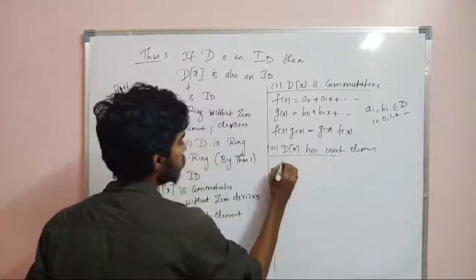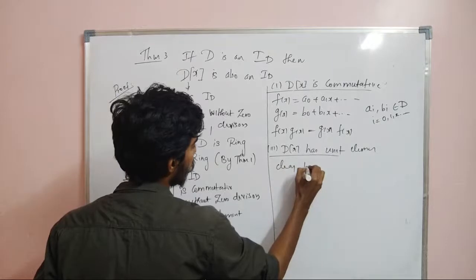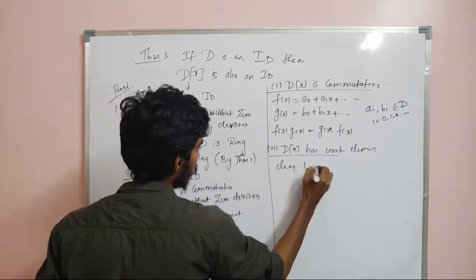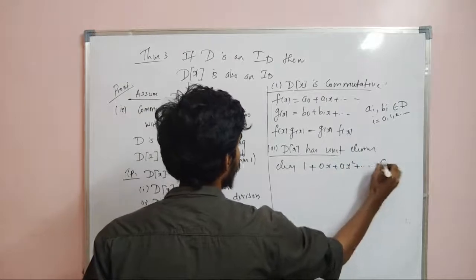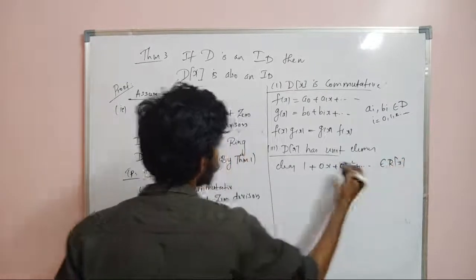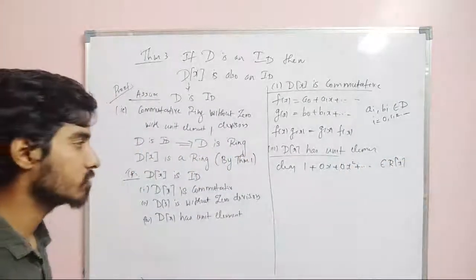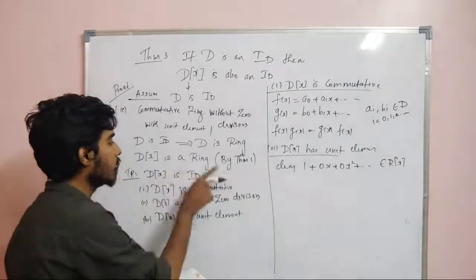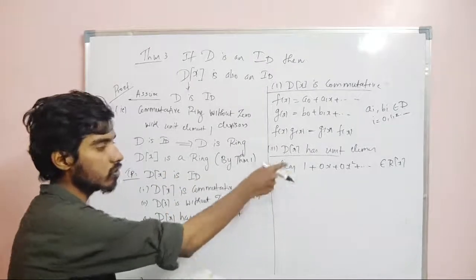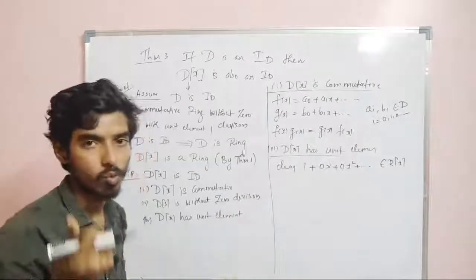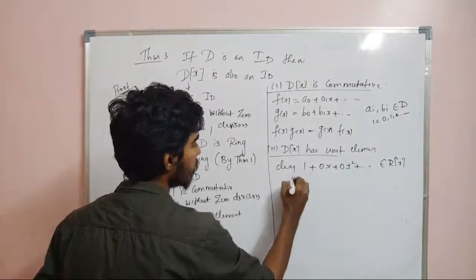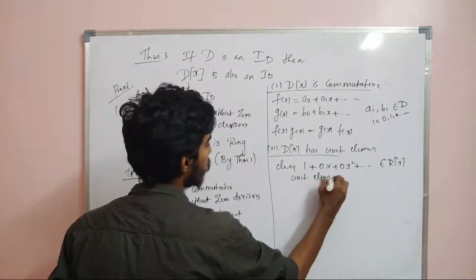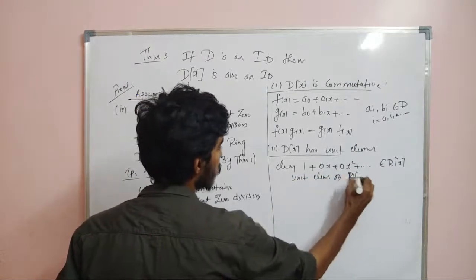So clearly the polynomial 1 plus 0x plus 0x square and so on will be in R of x, which serves as a unit element, because 1 must be in the ring R. So clearly here also the constant polynomial 1 plus 0x plus 0x square will be in R of x, which serves as the unit element of D of x.